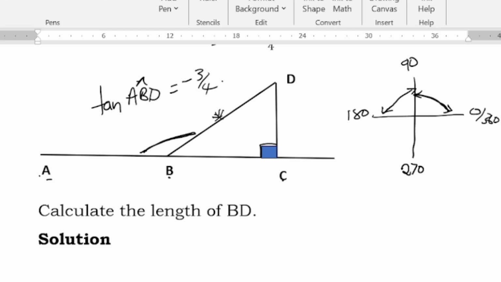It may not have the same value, but the two angles added together. For example, if you have an angle theta, the angle here will be 180 minus theta. And these two angles will have the same ratio. So if it is tan theta, tan theta will be equal to tan of 180 minus theta. But what is different is the sign.